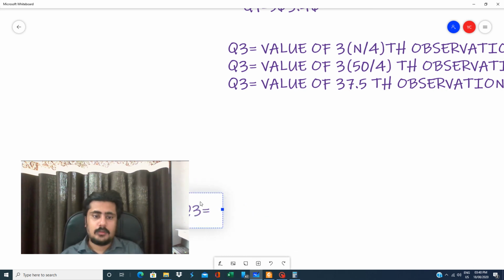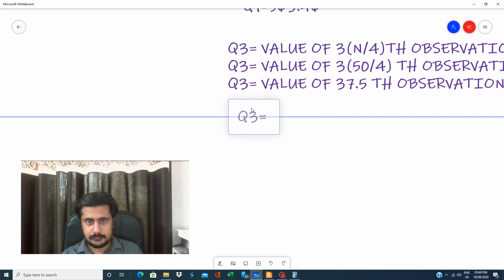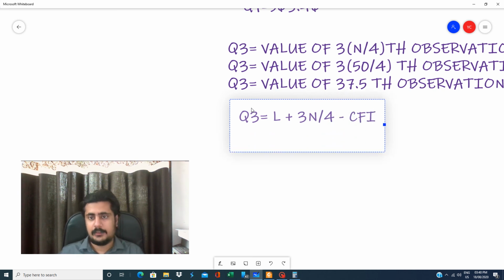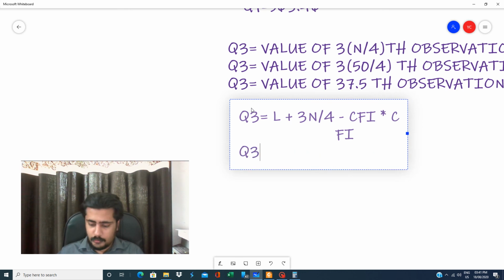So your Q3 will be L plus 3n by 4 minus CFI upon Fi into C. What is L? Your class selected is 800, so L is 800.